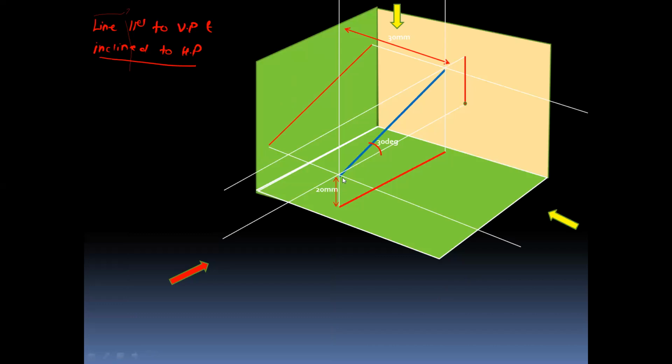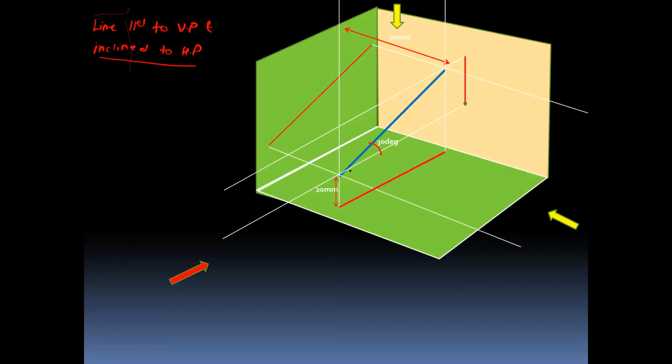To draw the front view, the first step is you can draw this simultaneously. Take the distance 20 mm. So you can observe here the point A, and this is point B. Point A is above HP by 20 mm distance, and it is in front of VP by 30 mm distance, because the line is parallel to the vertical plane.